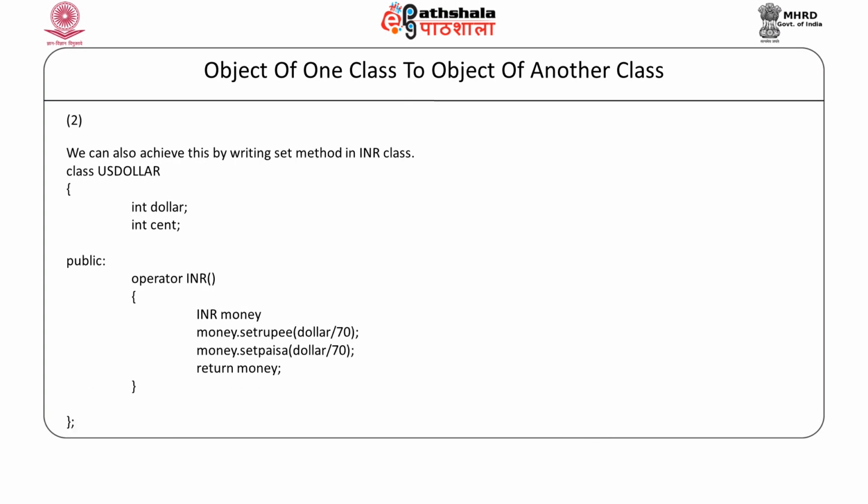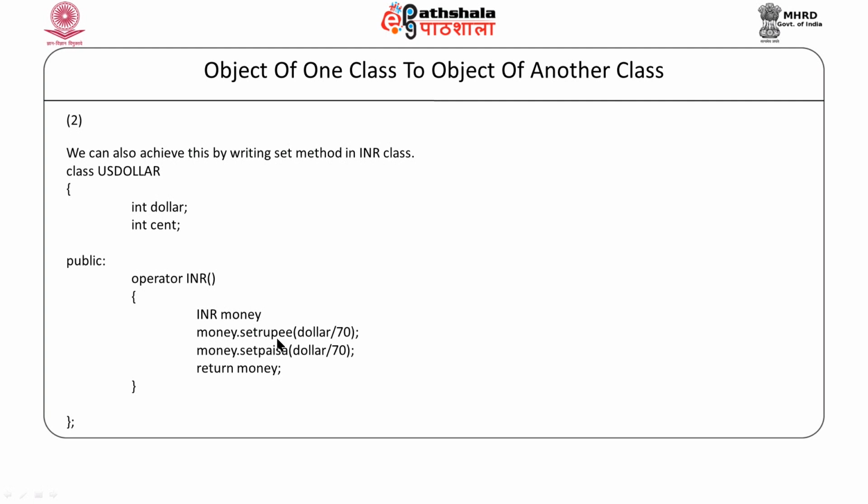We have another way of doing the same thing. We can do that by writing a set method in the INR class. So, we define two functions here, money dot set rupee, and then we pass that particular value.